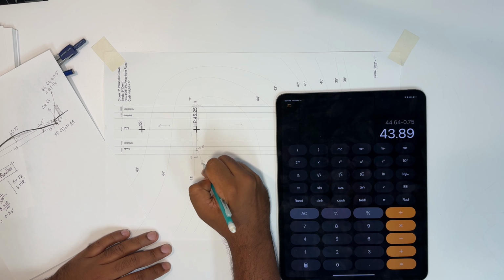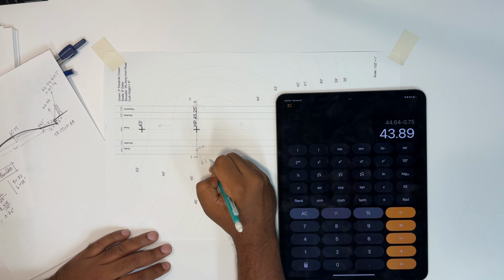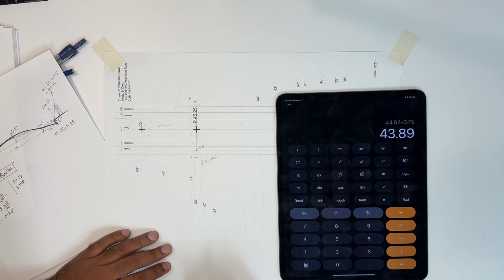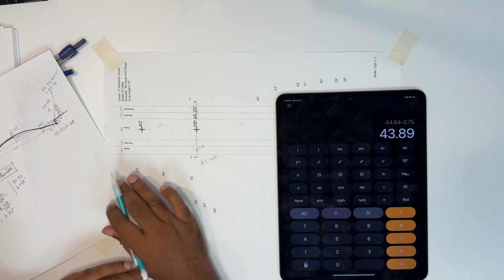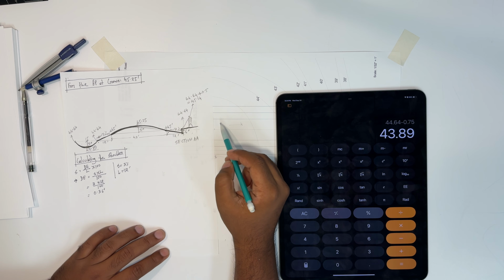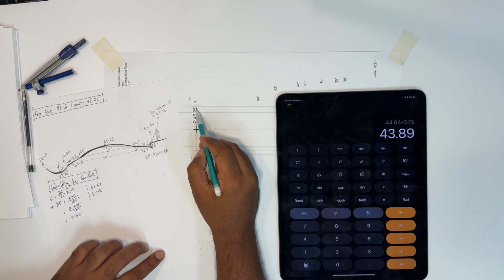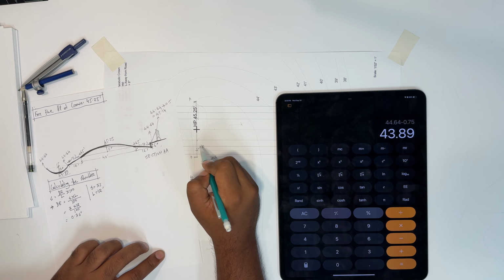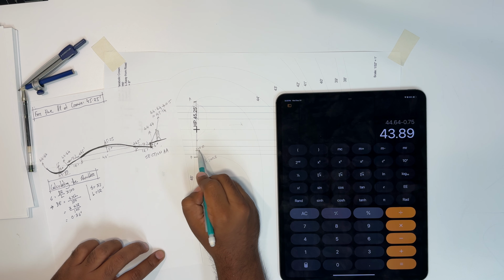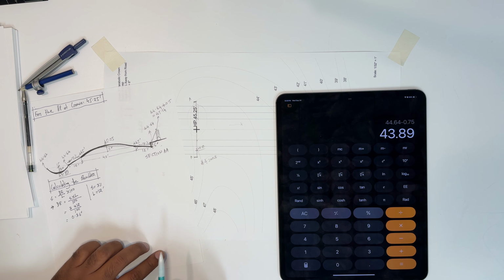So HP of swale. Let's write that down. All right, so that's part one, trying to figure out what can happen at the peak section. And that gave us very important information that the highest the swale can go is 43.8.